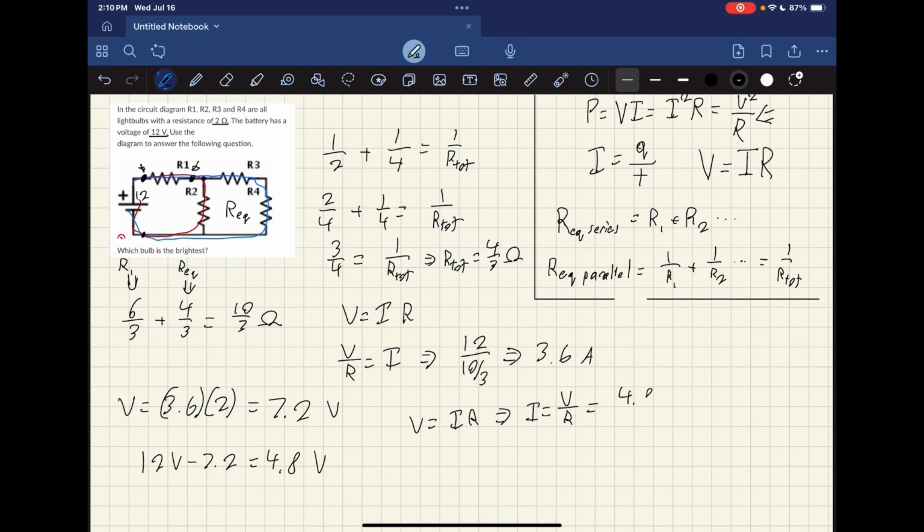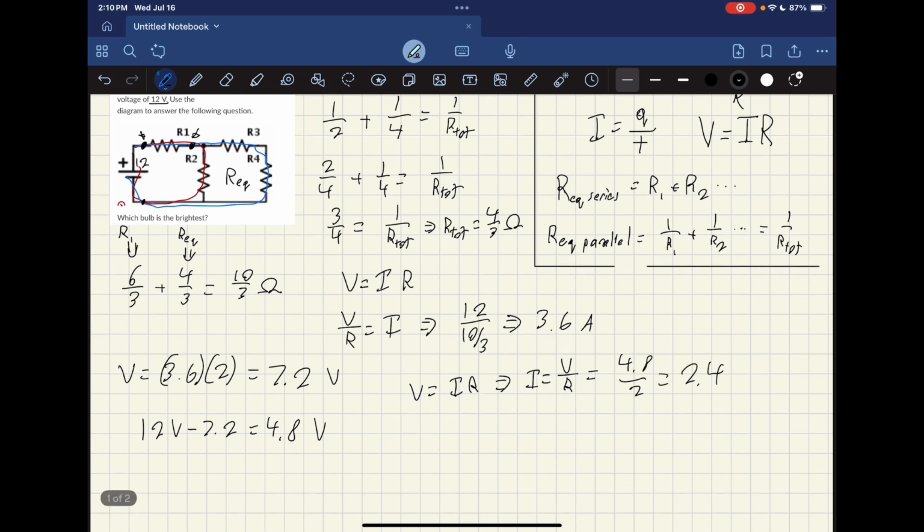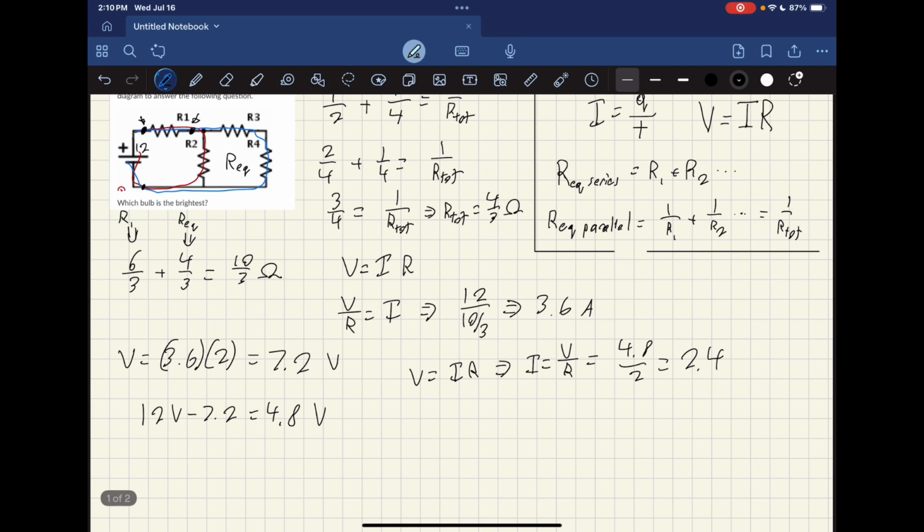So we have 4.8 divided by 2, which is 2.4. For R3 and R4, they're going to add together, and we're going to end up with 4.8 divided by 4, which is 1.2.